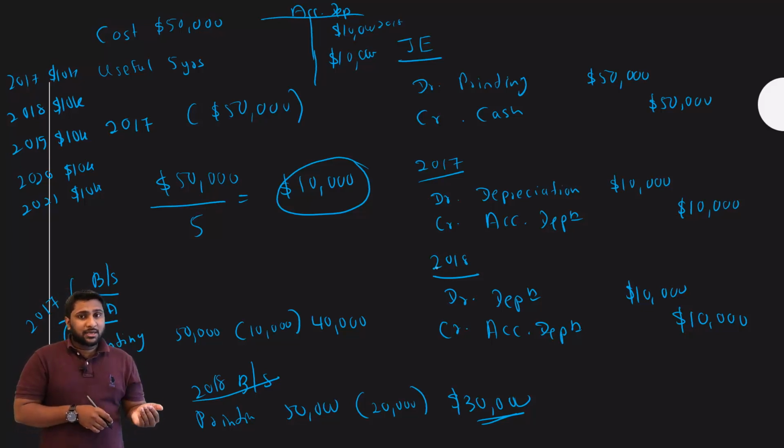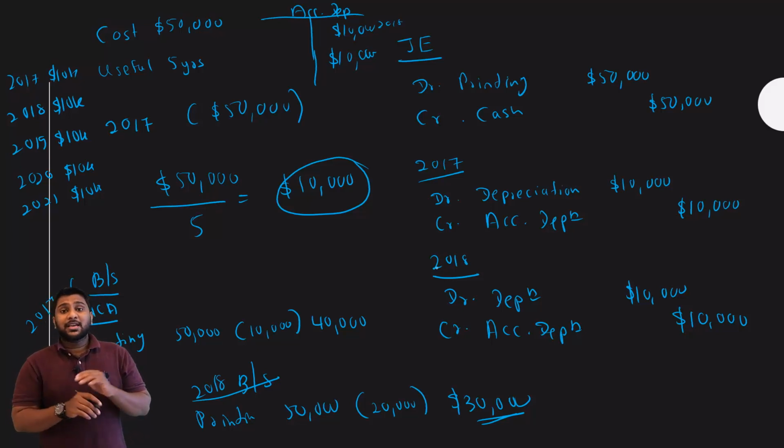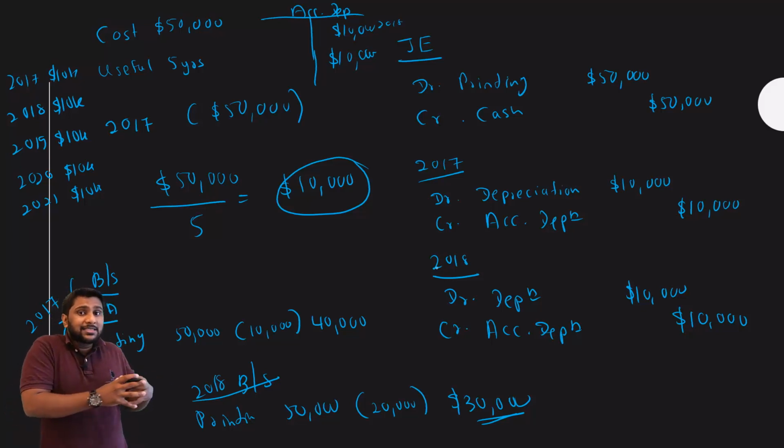Now in this question, we calculated the depreciation according to the straight line method. How did we calculate it? The value of the asset is 50,000, so we can depreciate that 50,000 over 5 years. We will not put that 50,000 directly as an expense for the year 2017.